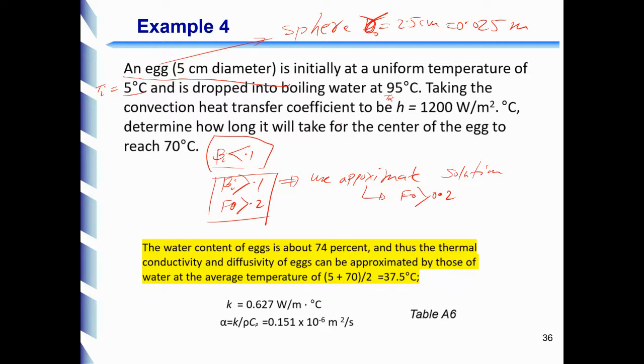Taking the convection heat transfer coefficient h, determine how long it will take for the center of the egg to reach 70 degree. How long a time is required? So this is the question.